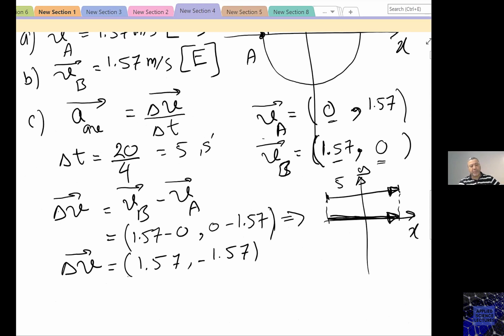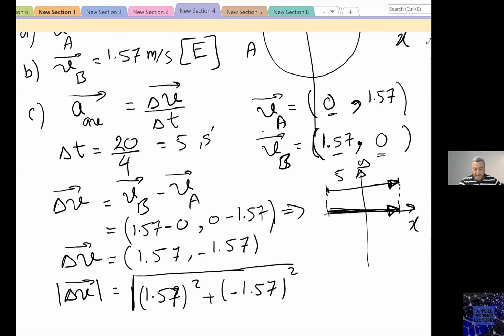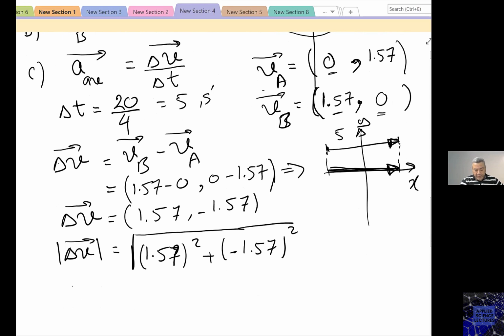Those are the projections of my velocity change, right? I will start first by calculating the magnitude of the average acceleration. So let me first get the magnitude of the velocity change.